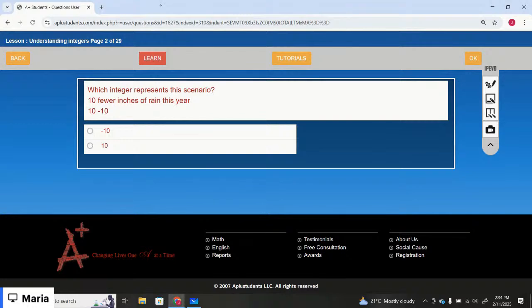Which integer represents the scenario 10 fewer inches of rain this year? That is 10 fewer.